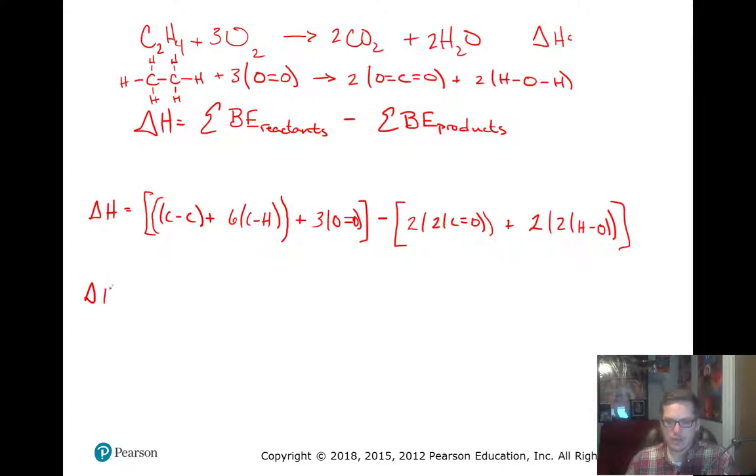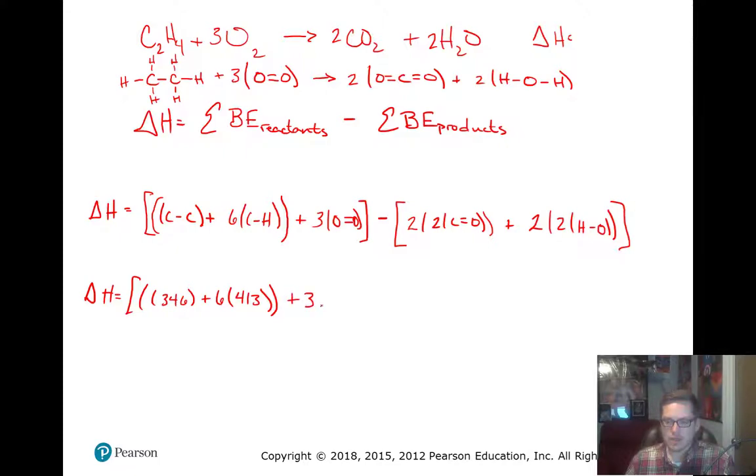So in order to find our delta H now, all we have to do is take these exact same things and just write in these values. So we go to our chart, we find a CC bond, and it says it's 346 kilojoules per mole, so we'll write 346. And then we'll add in 6 times our CH bond, so we find CH, it's 413. Remember, I'm not using the ones from before, I'm using this other one I found online real quick.